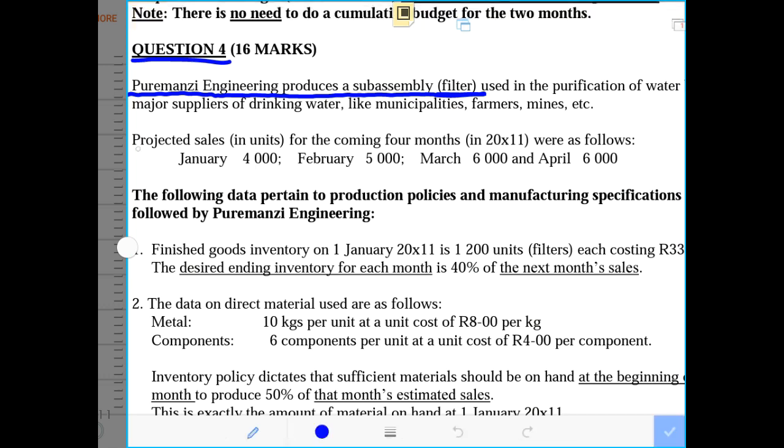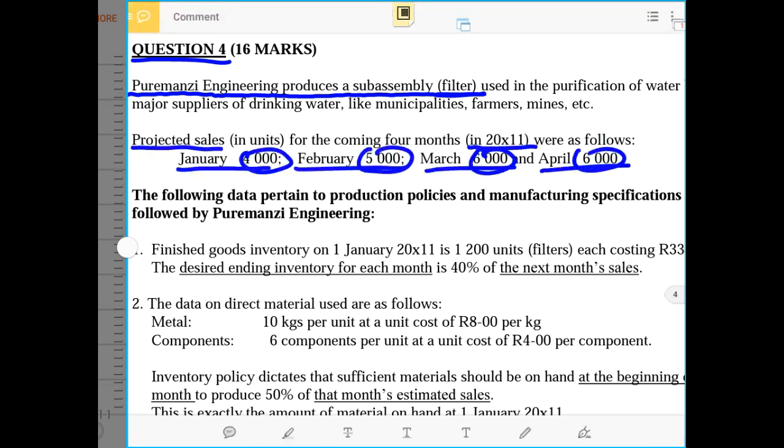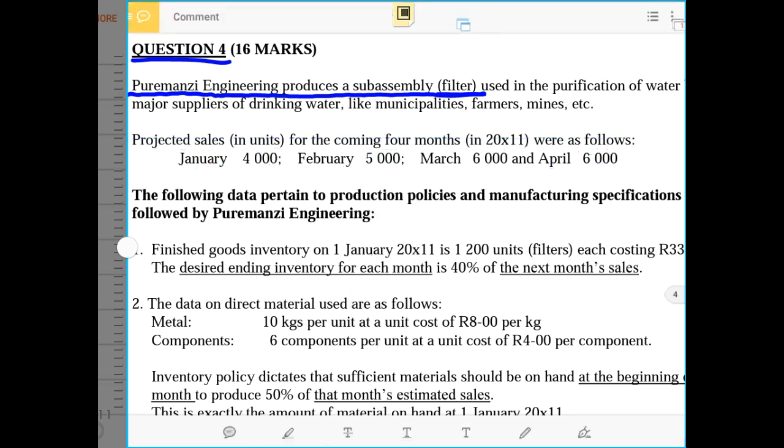And they say here are the projected sales, or the estimated units to be sold for the coming 4 months in the year 2011, given as follows. We have January, February, March, and April, and these are their expected sales: 4,000, 5,000, 6,000, and 6,000 in the month of April.